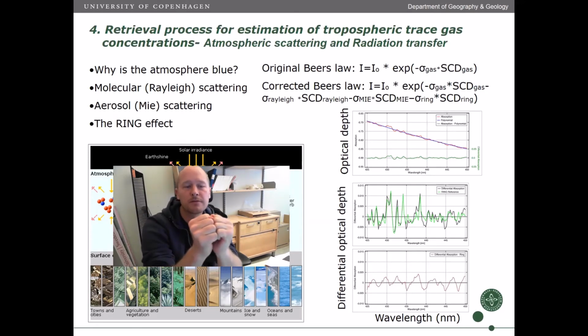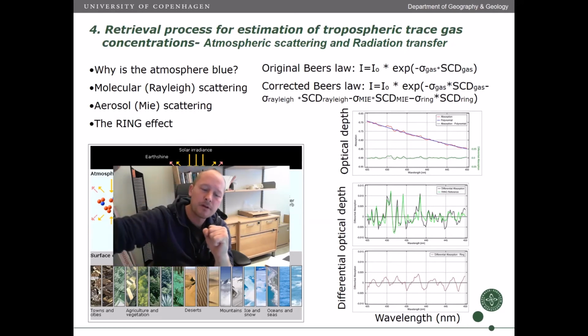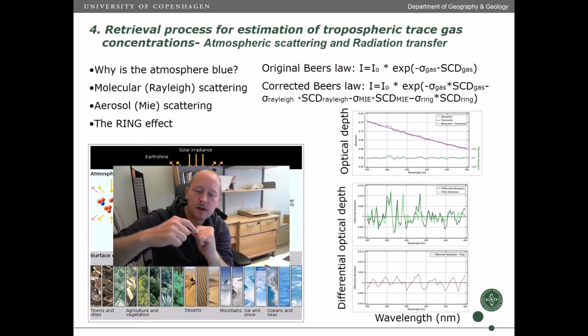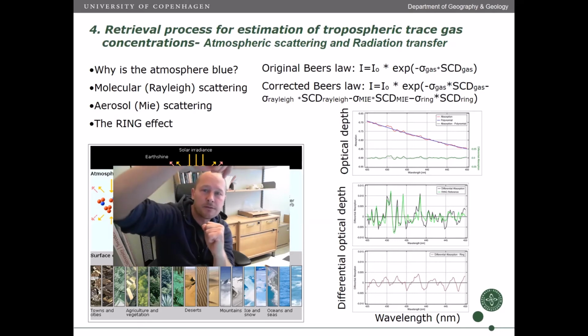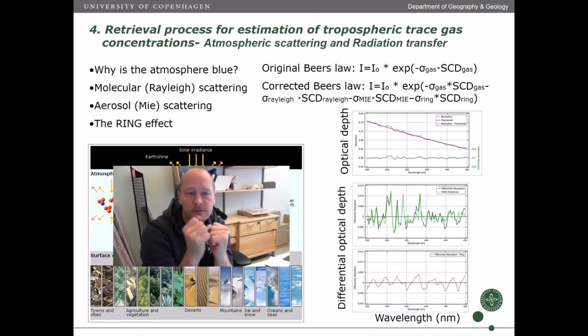If the molecule has several atoms, they can start to swing like this. And when these things happen, some of the energy of the light is given to the molecule before it is scattered off. And when some of the energy of the light is given to the molecule, the light changes wavelength just a little bit.